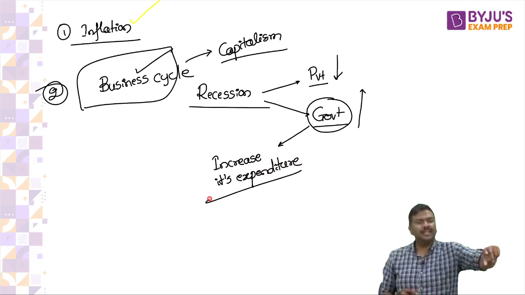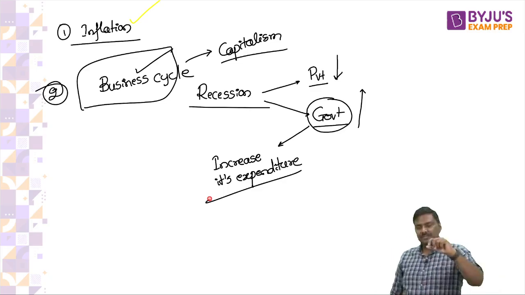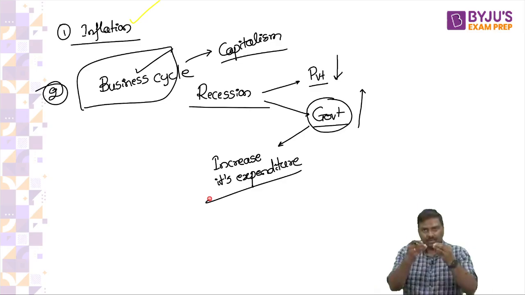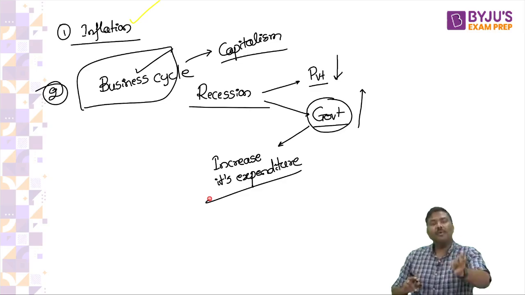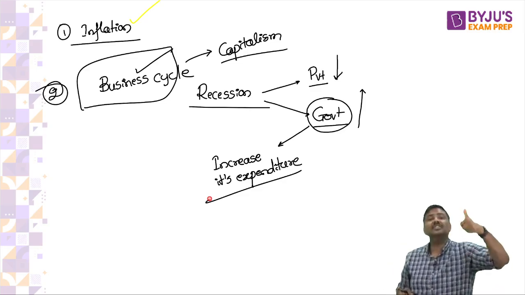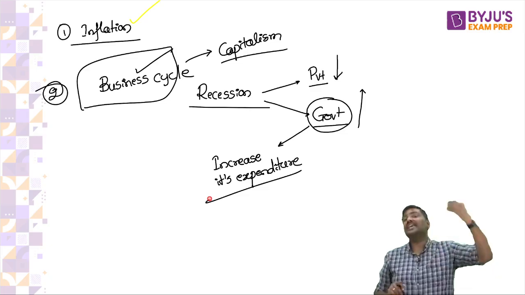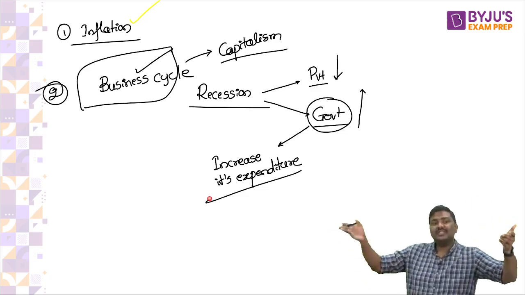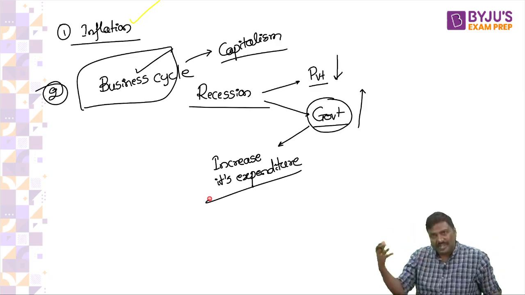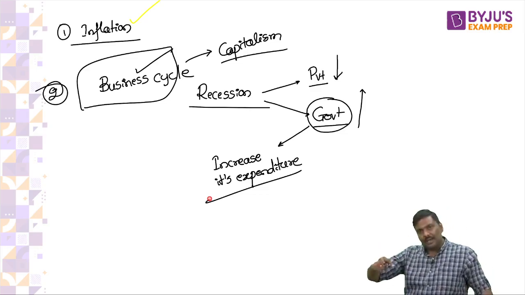Government will spend money and start constructing roads, and airports. Now, when roads and airports are constructed, demand for cement and steel will increase. And when the demand increases, companies will start producing both of them, and they will hire more people.